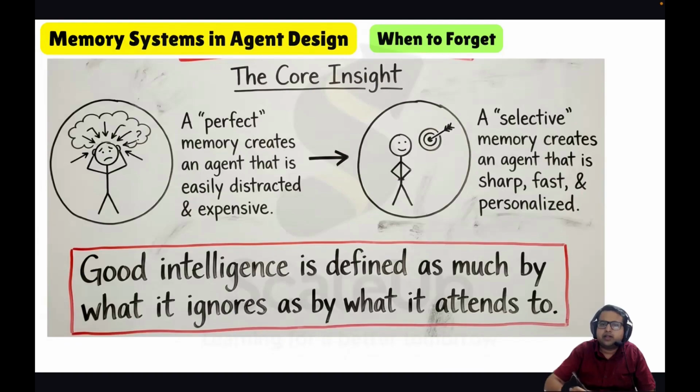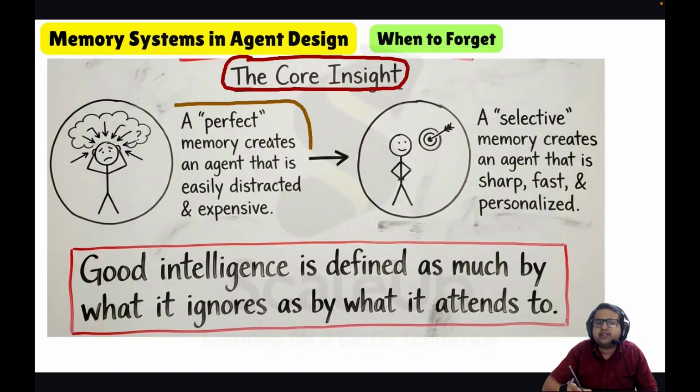Now let us discuss a core insight about when to forget. A perfect memory creates an agent that is easily distracted and expensive.